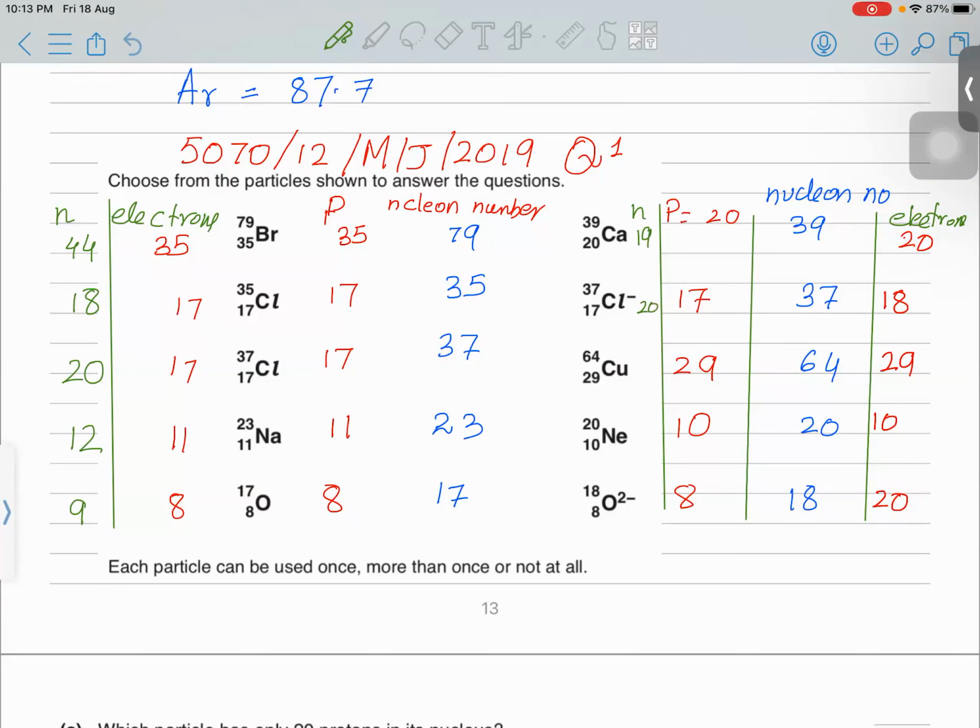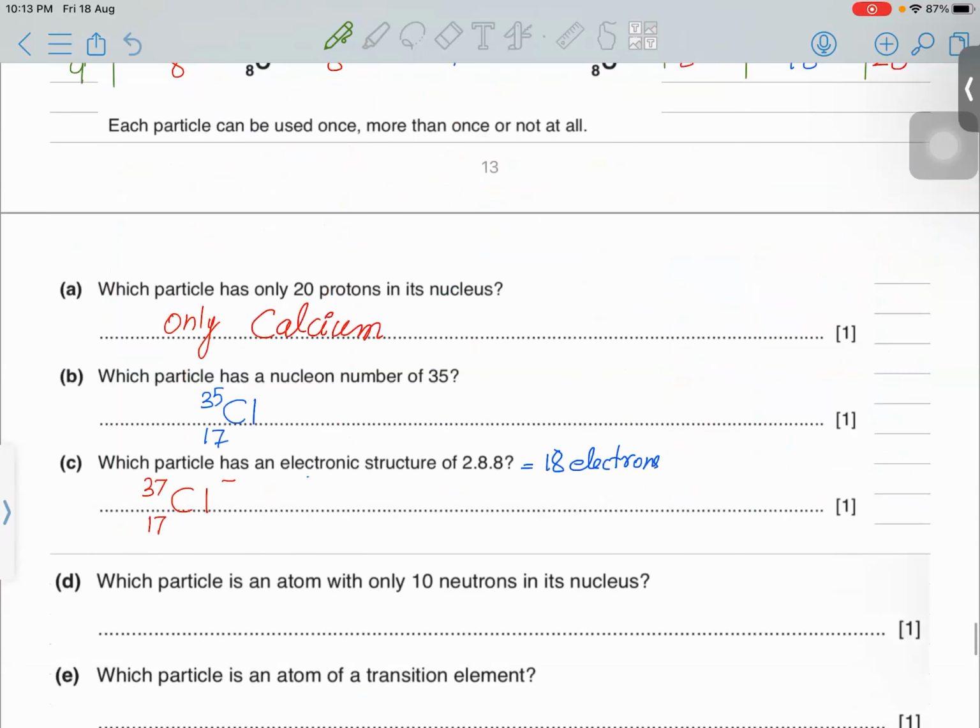Then 20. Then 35. Then 10, and then 10. So which one has 10?